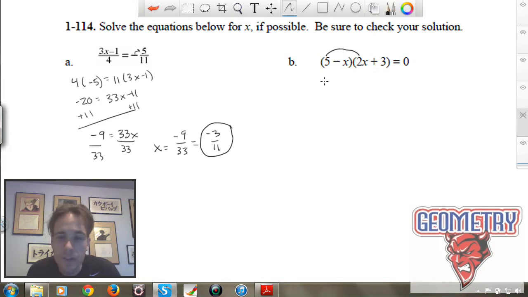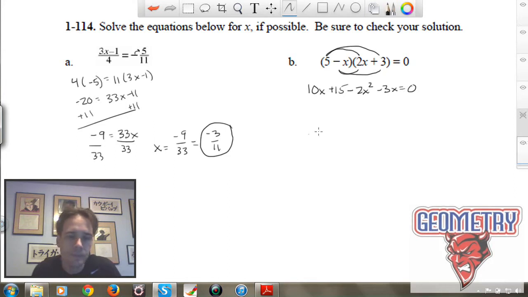So 5 times 2x is 10x. Then we also have 5 times positive 3, which is 15. Negative x times 2x is negative 2x squared, and negative x times 3 is minus 3x. If you prefer the box method, you'll notice that the values in the box are the same as these 4 values here.